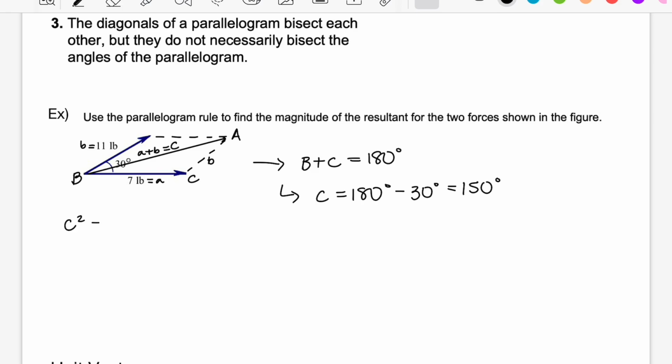Remember, the law of cosines tells us that C squared is going to be equal to A squared plus B squared minus 2AB times cosine of our angle C. So C squared is going to be equal to this here.